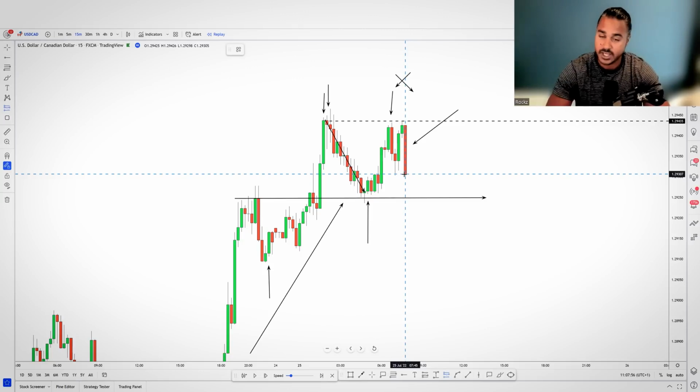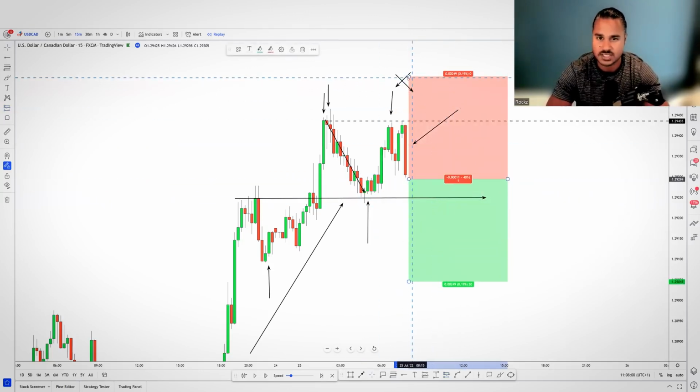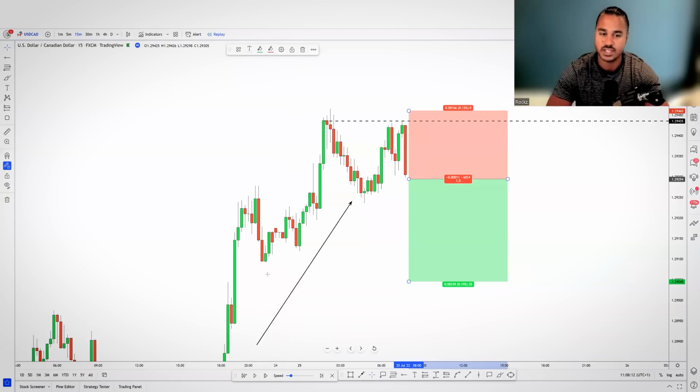So I took the trade here or around this area. I took it a little bit lower, but we're just going to use this as an example. And here we're just going to go on to illustrate what it is we're looking for. So just for the record here, let's just highlight this again. We have bullish momentum. We have a structural higher low. This, of course, is a retest area.